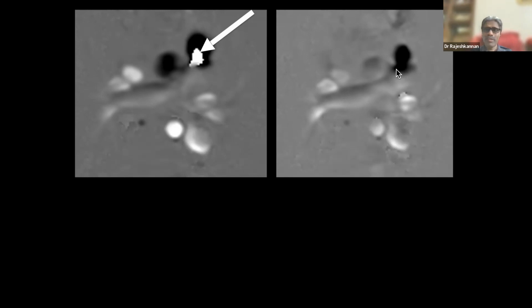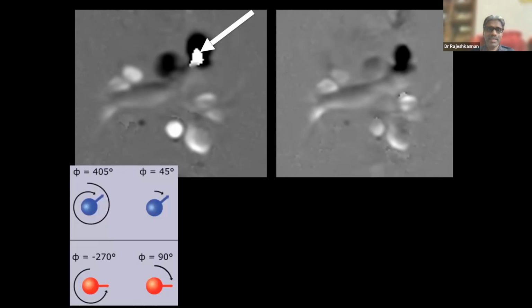So why are we getting the aliasing artifact? The important concept to understand is, when we set the Venc as, say, 100 centimeter per second, the system will calculate the minus 180 to plus 180 degree phase shift within that 100 centimeter per second.